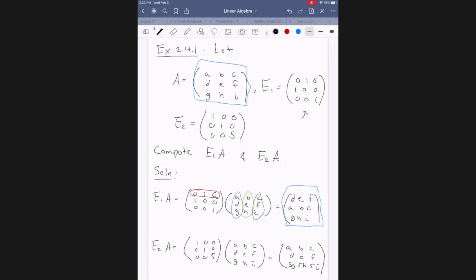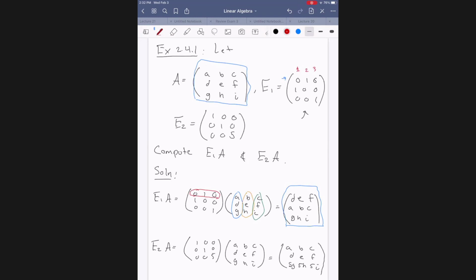E1 interchanges the first row and the second row, right? So basically how I view it is this way. Let's say positions 1, 2, and 3.